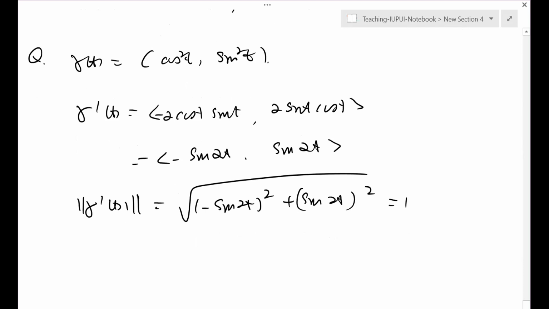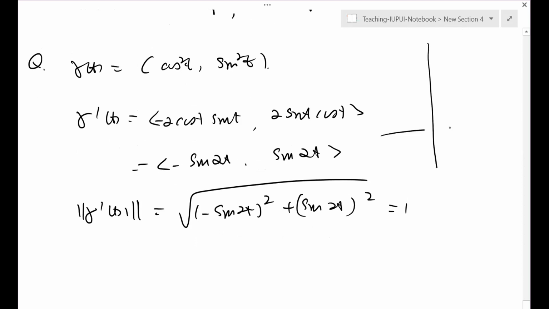It's hard to draw this picture. All right, let's try. When t equals 0, it's here, right? When t increases, when t equals pi, the point is here.